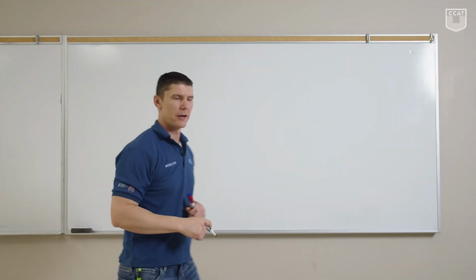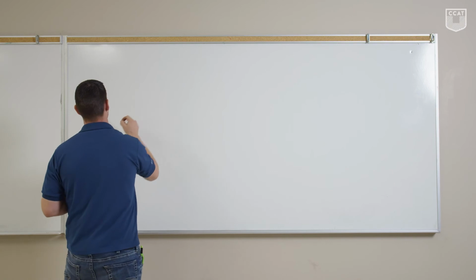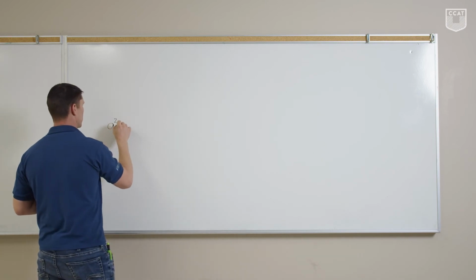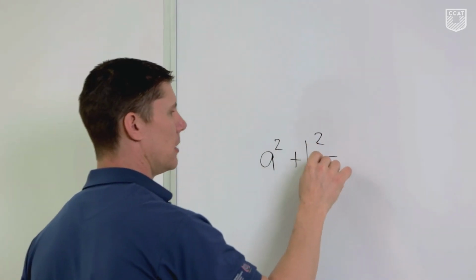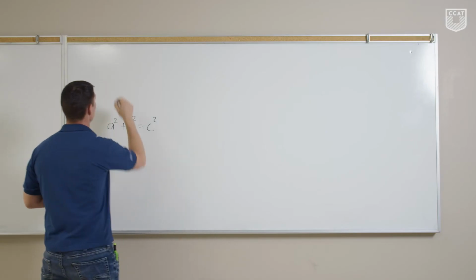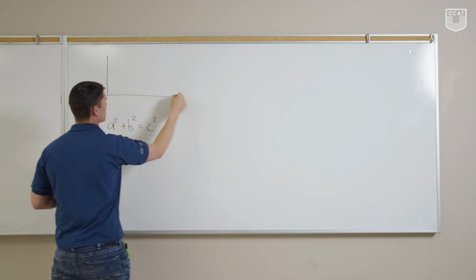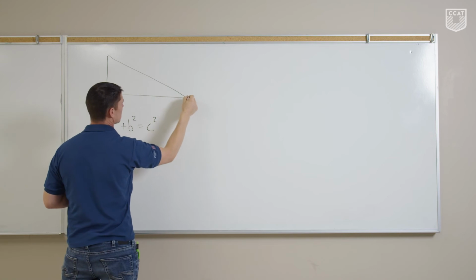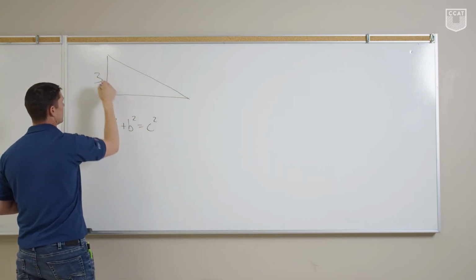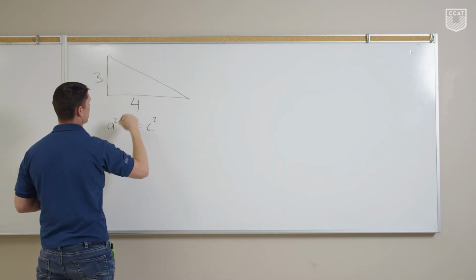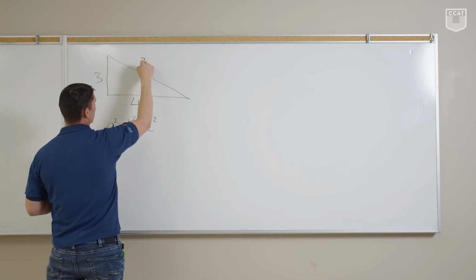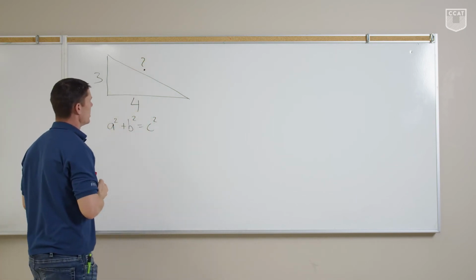So to start off with Pythagoras' theorem, the formula is a squared plus b squared equals c squared. Okay, this only works on a right angle triangle. The concept is one side 3, the other 4, and we're going to solve for the diagonal.